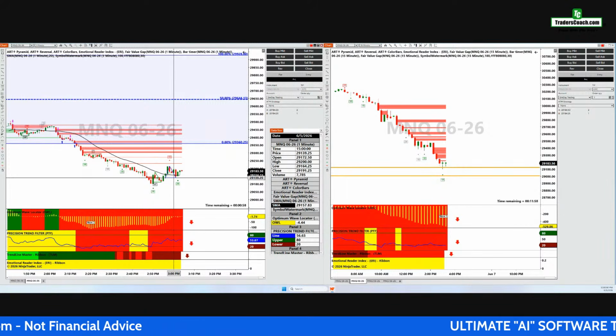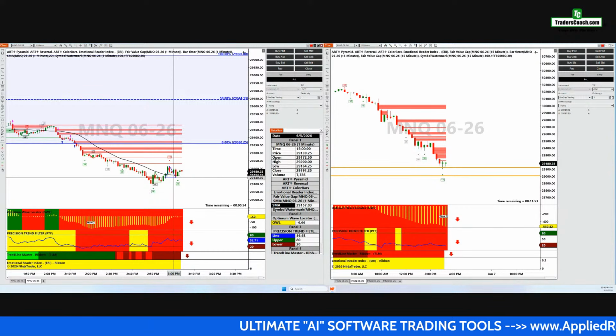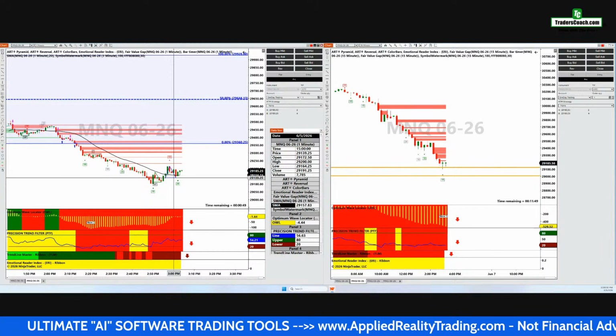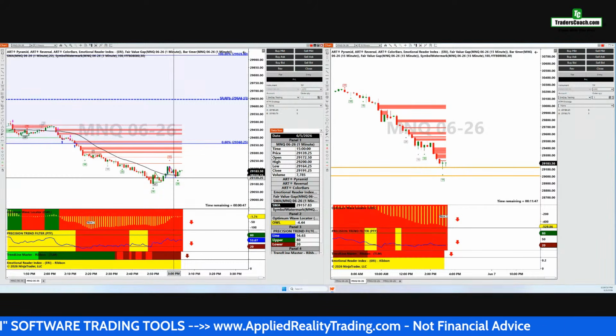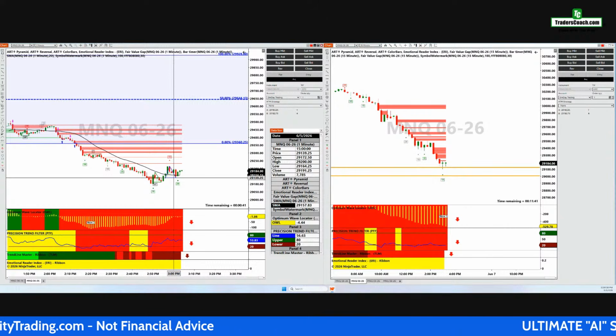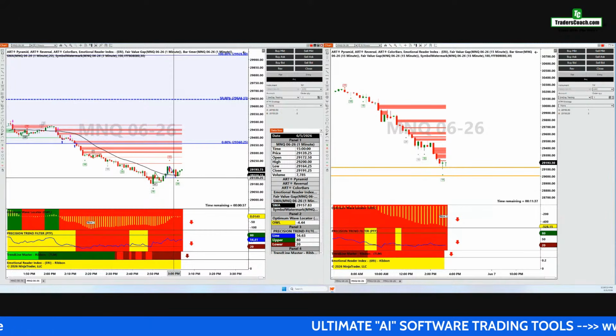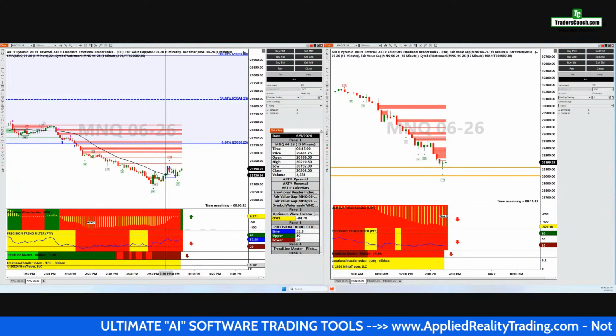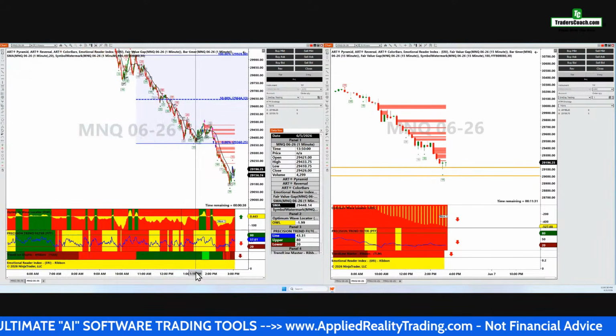I'm just not feeling it. But you're going to get some type of big move towards the close of the day, because everybody's going to be covering their shorts that are short.